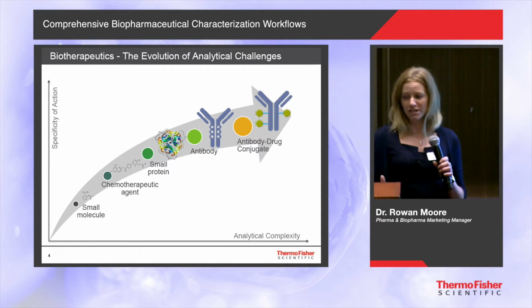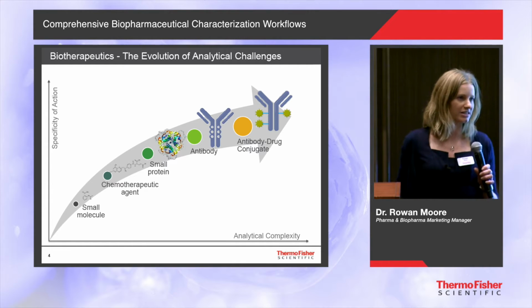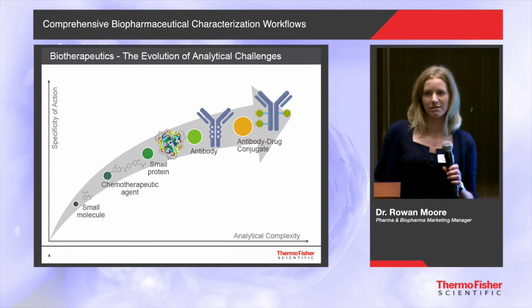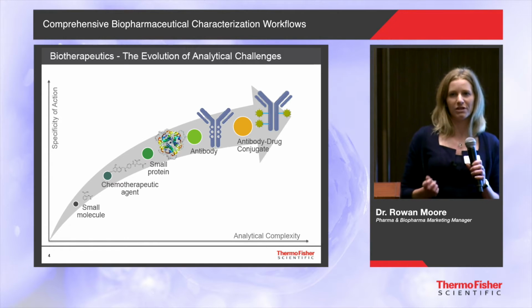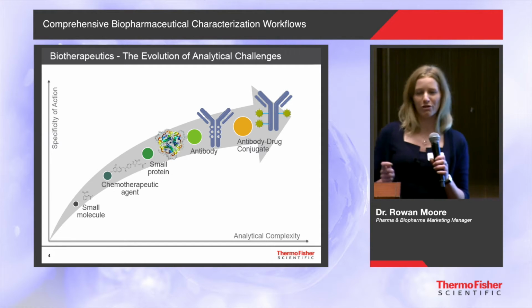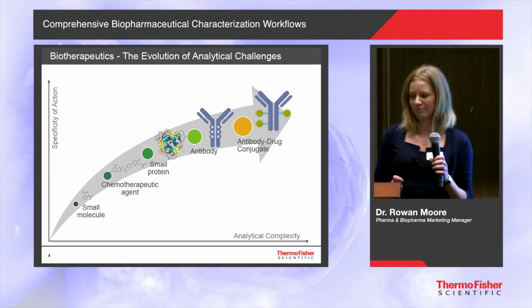And the most recent class of biotherapeutics, known as antibody-drug conjugates or ADCs, offer further advances because here we have the binding of a cytotoxic small molecule with the antibody. So they're able to deliver an intense chemotherapeutic or radiotherapeutic dose of drug to kill that cell.